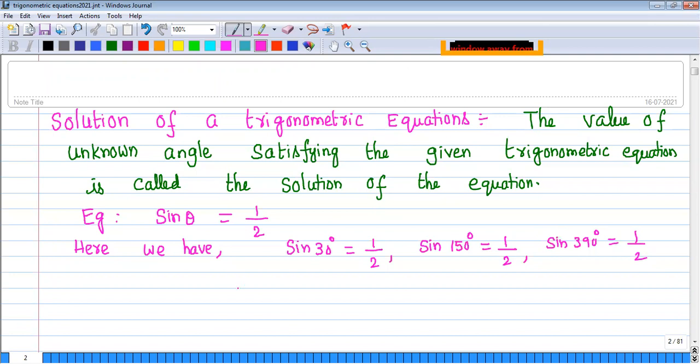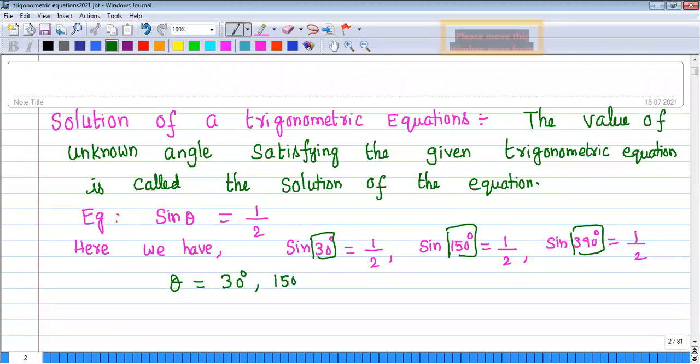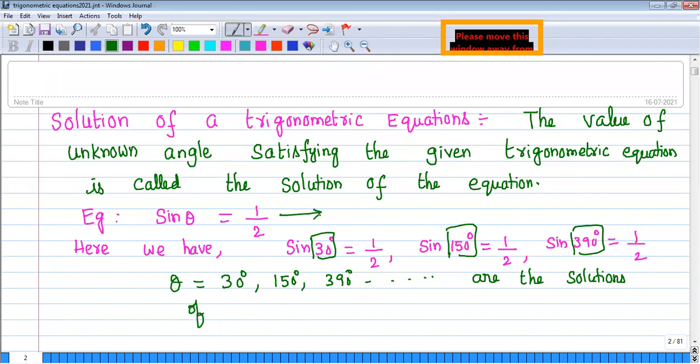So that means here 30 degrees, 150 degrees, 390 degrees and so on. So theta equal to 30 degrees, 150 degrees, 390 degrees and so on are the solutions of, say for example, equation 1.